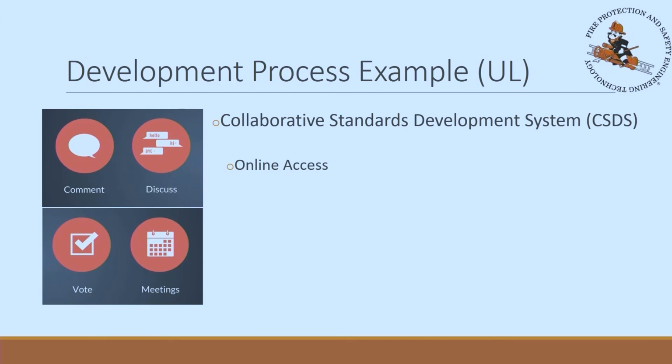So now we're going to talk about how UL, and we'll focus on UL, but it's a similar process to how other product standards are developed. The standard development process through UL is a collaborative process. Again, like you've seen if you've watched the other modules, public access is important, needing to have comments from the public and from industry.